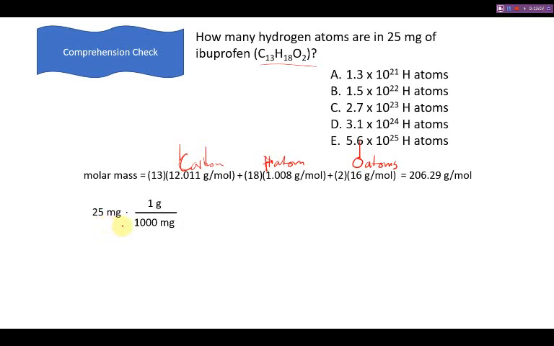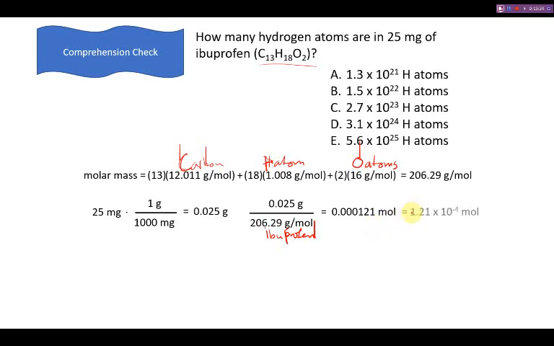We know we have 25 milligrams. We need to convert that from milligrams to grams. We can then use the molar mass of ibuprofen and we see that we have 0.000121 moles. This, however, is of the ibuprofen.